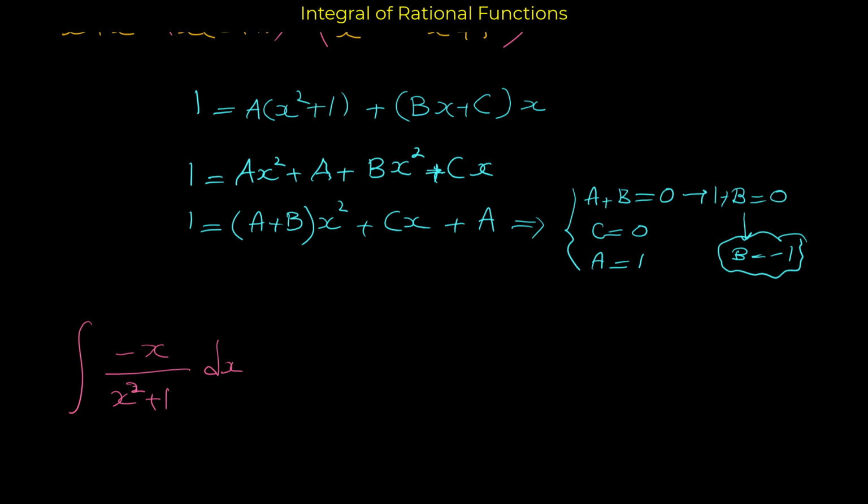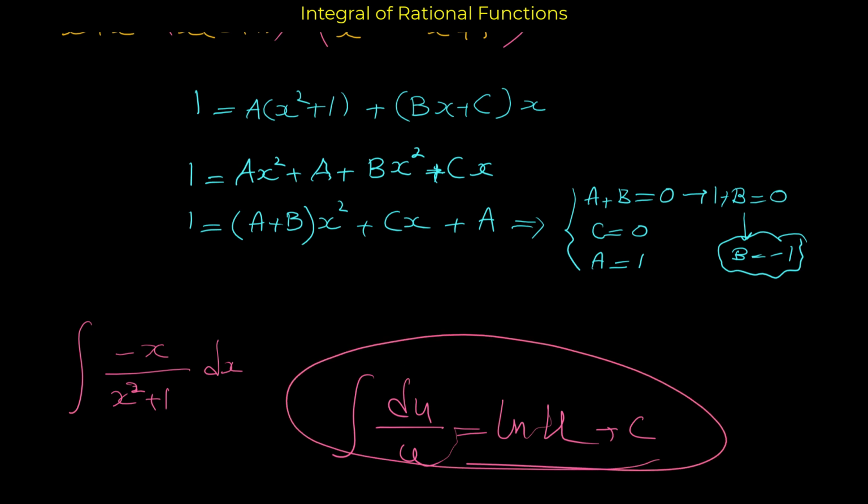Please pay attention. We know we have this formula. Integral of du over u is ln of u. You are familiar with this formula. But what is this formula really telling us? u can be anything. It can be this expression. When something is in the denominator, and the derivative of that expression is in the numerator, du, the derivative of u, it's the differential of u, but you can consider it as the derivative of u.